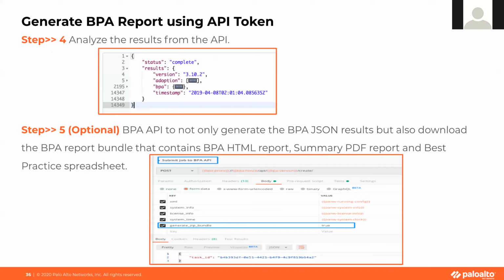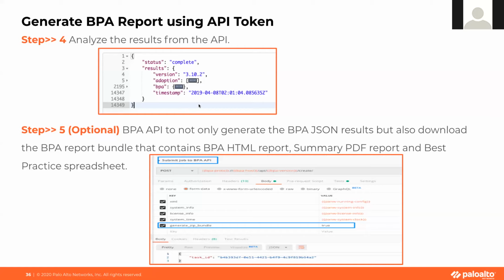It will provide you the JSON format, but not only JSON format. If you select generate a bundle zip, that will also generate a PDF report for you. Initially, it will give you results in that JSON format, which is high level and contains the version number of your BPA and adoption results.